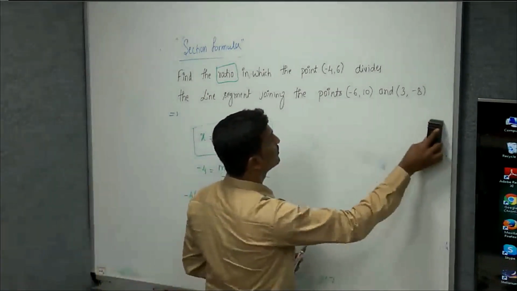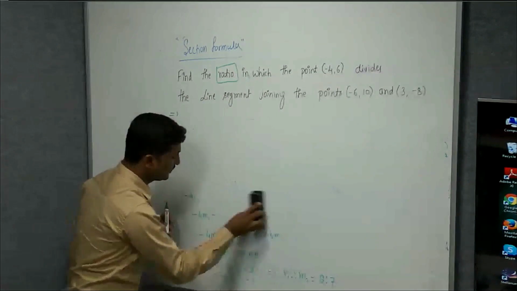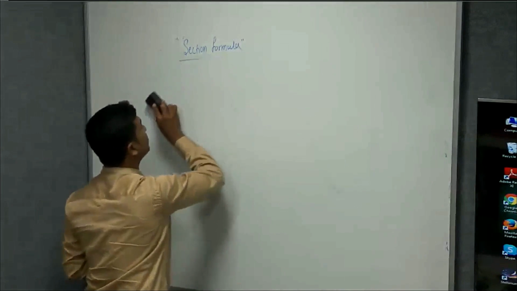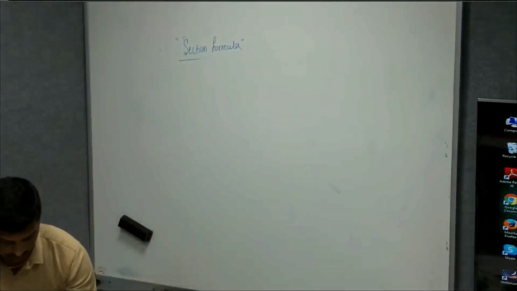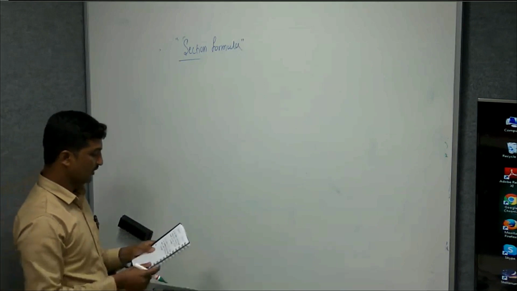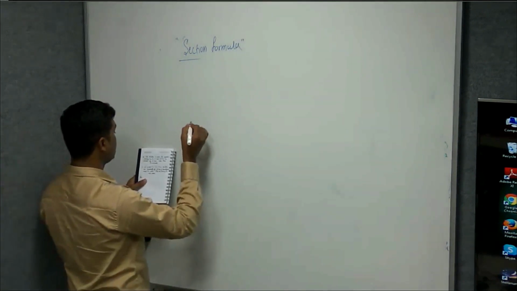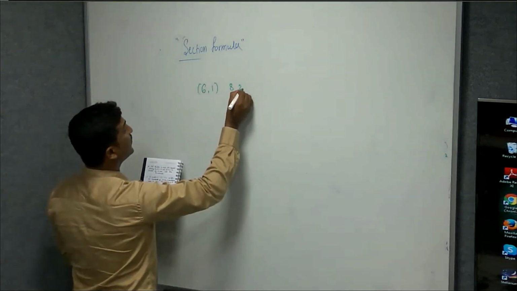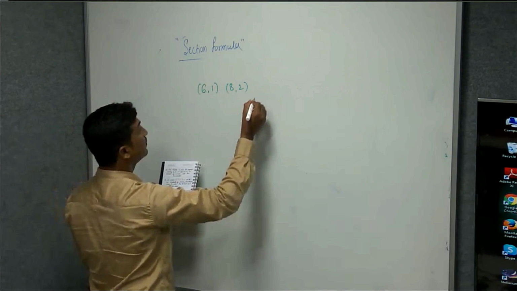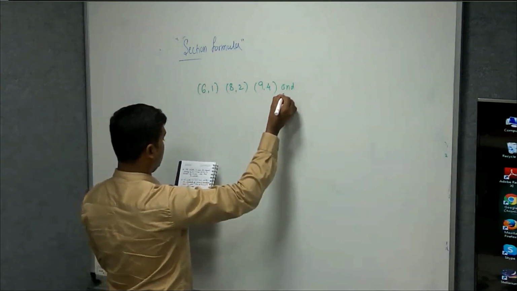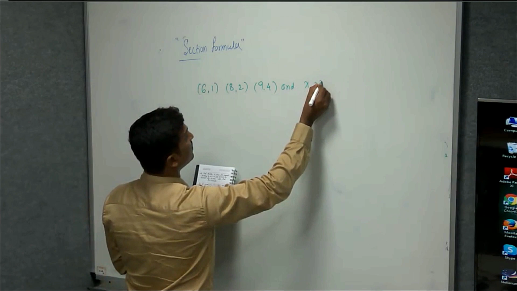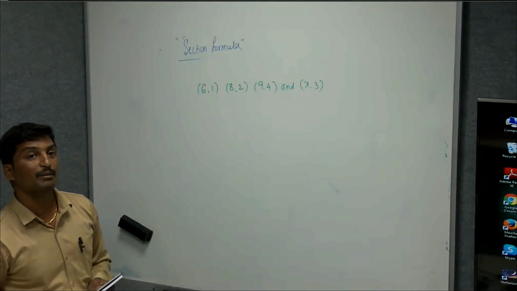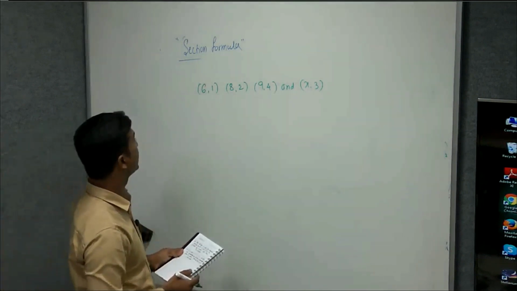Okay. There is one more question which is very important. I'm not going to solve this question, but it is very simple. The points 6, 1, 8, 2, 9, 4 and x, 3 are the vertices of a parallelogram, taken in order.